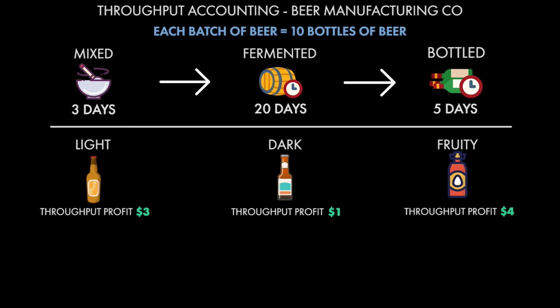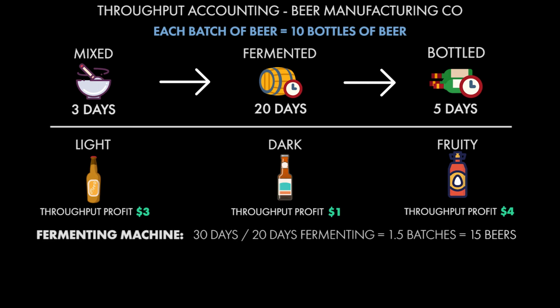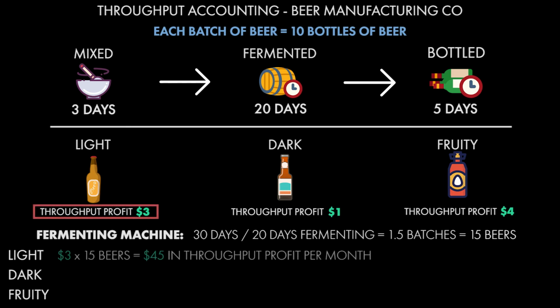So we know that each fermenting machine makes us 15 beers per month. So we multiply the throughput profit of our light, dark, and fruity beers times that 15 beers per month to figure out how much we'll be willing to invest into that machine. For example, light beer, we know we make $3 per beer in throughput profit. So 3 times 15 is $45 in new throughput profit per month if we use a new fermenting machine to make light beer.